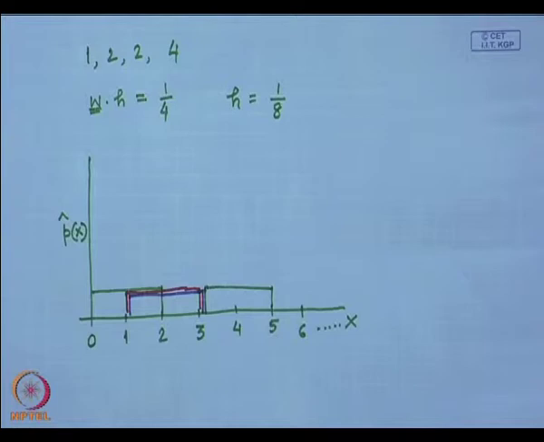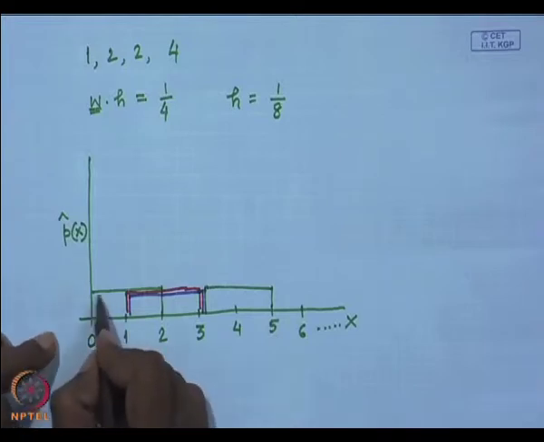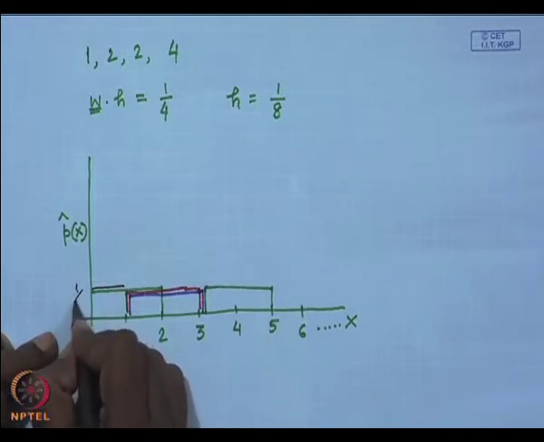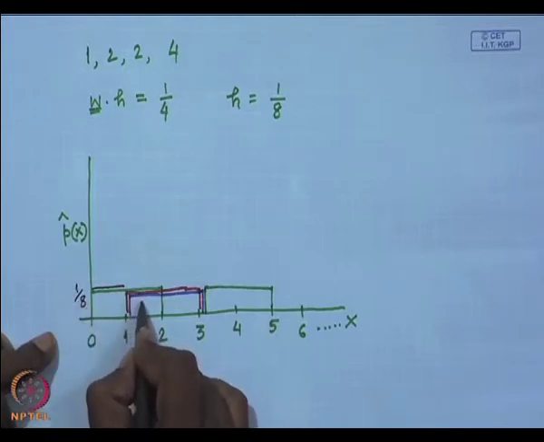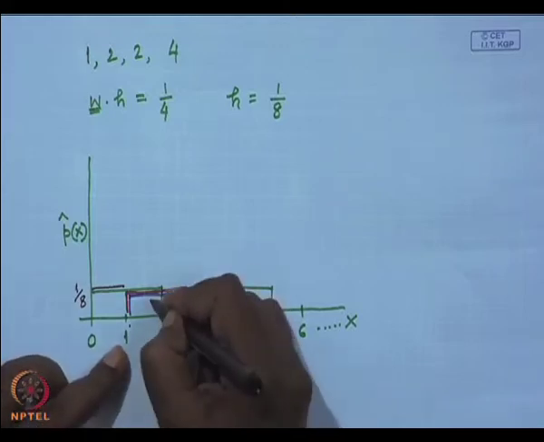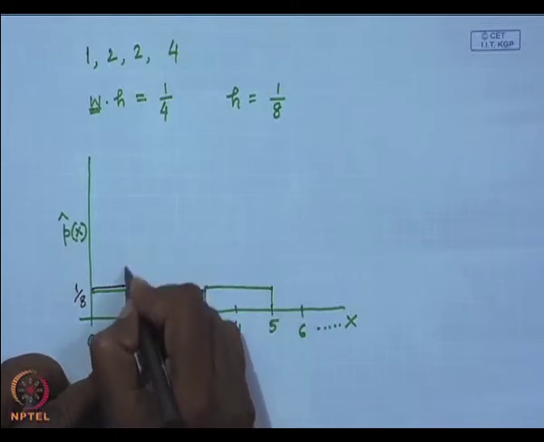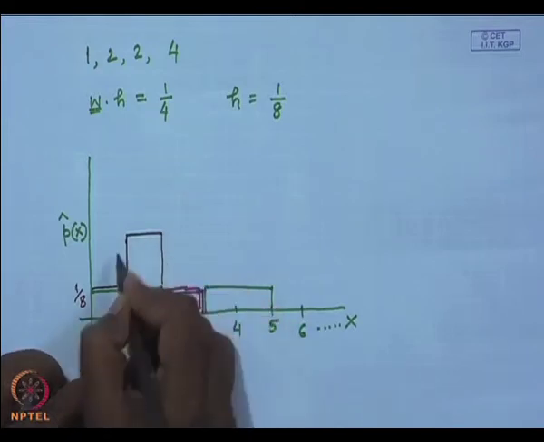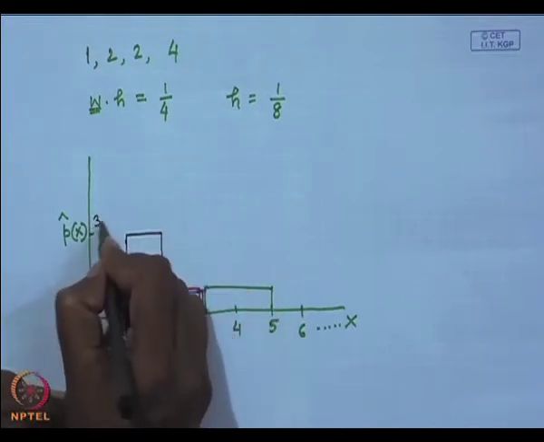So, here you find that I had only one window, this is 1 upon 8. Here from 1 to 2 in this region, there are 3 windows which are superimposed. So, in these locations, the height of the probability density will be 3 by 8.